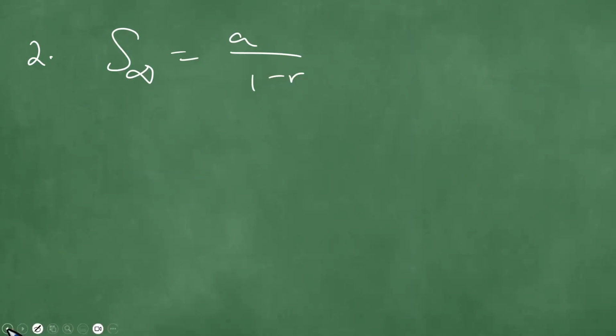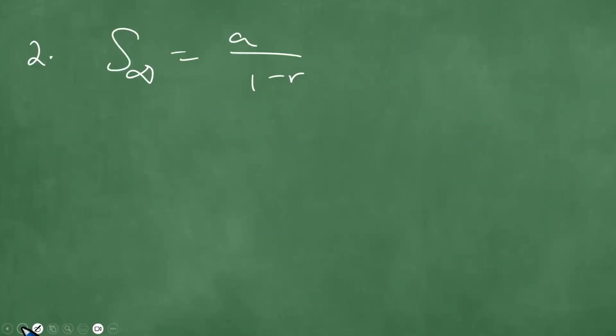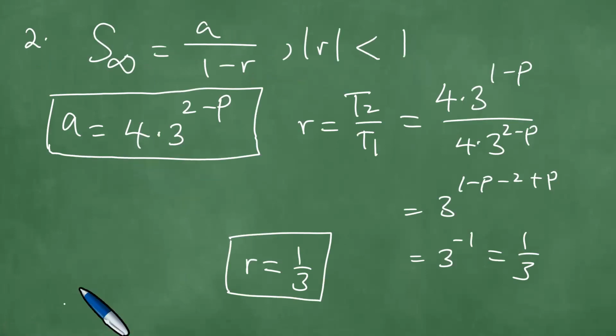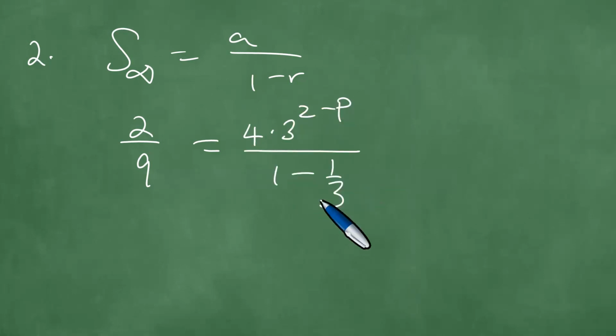This symbol is called sigma. So the sum to infinity is 2 over 9, which equals the first term, 4 times 3 to the power 2 minus p, over 1 minus the constant ratio.